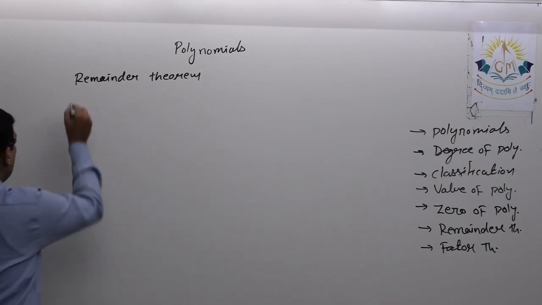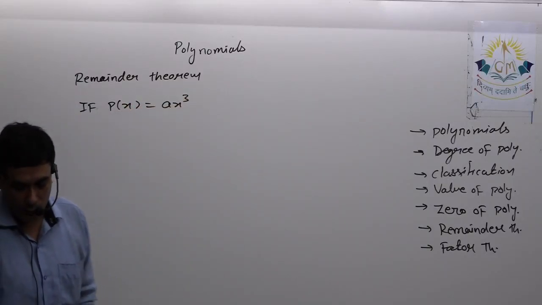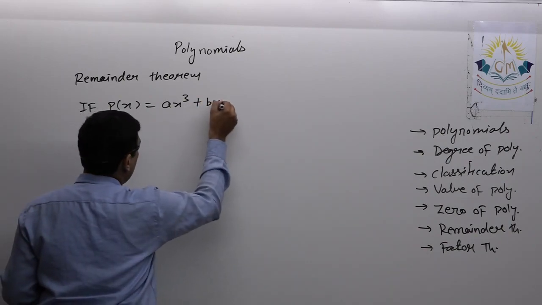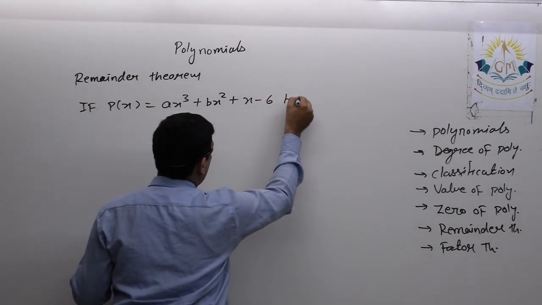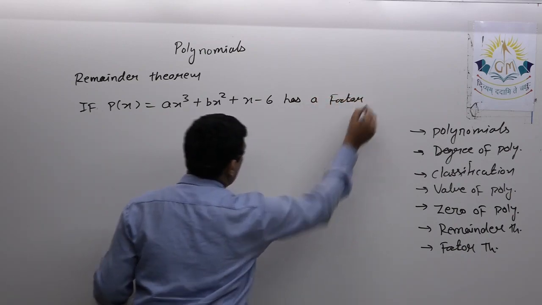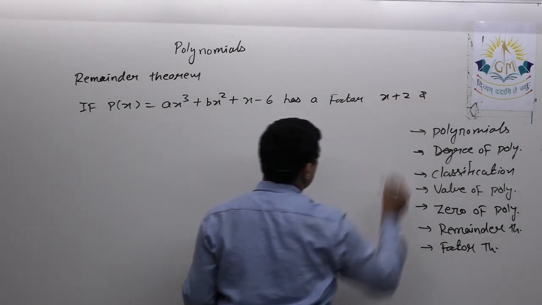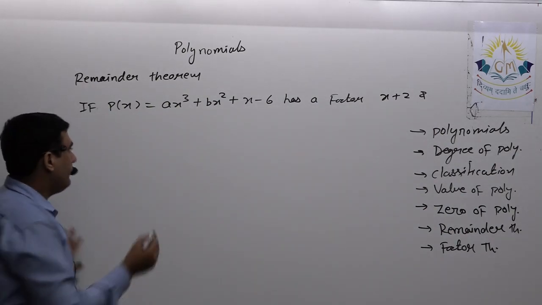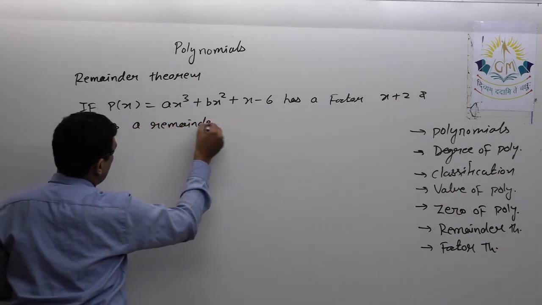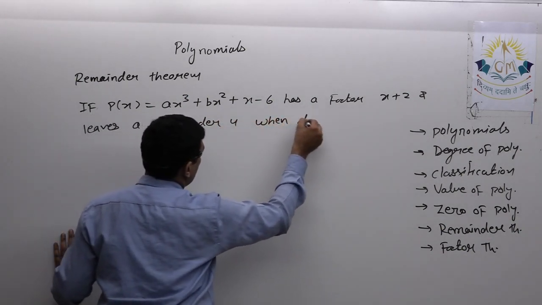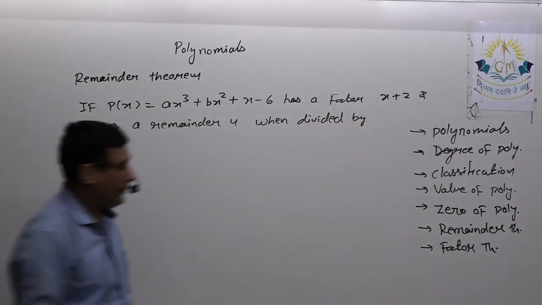Okay, if p(x) is equal to ax cube plus bx square plus x minus 6 has a factor x plus 2, and leaves a remainder 4 when divided by x minus 2.